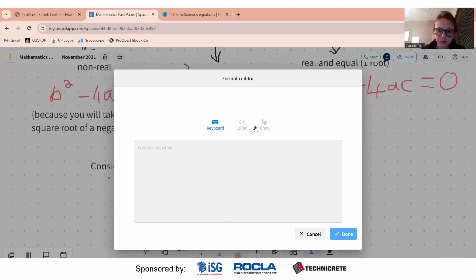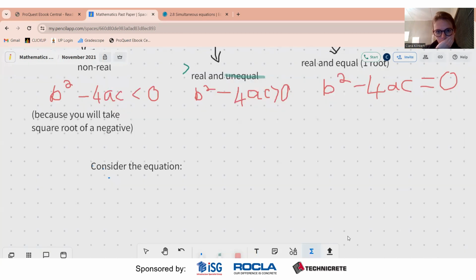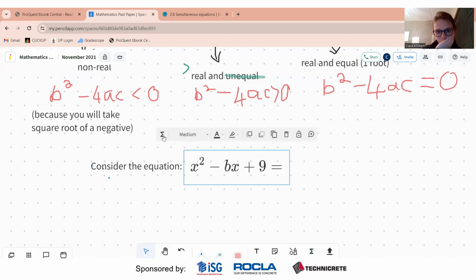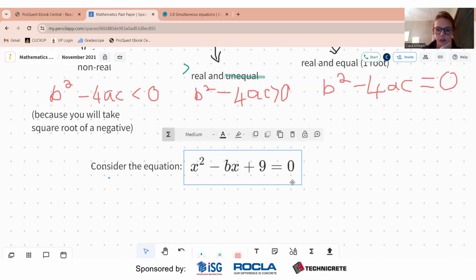Equation. Okay, so we now have got our equation.